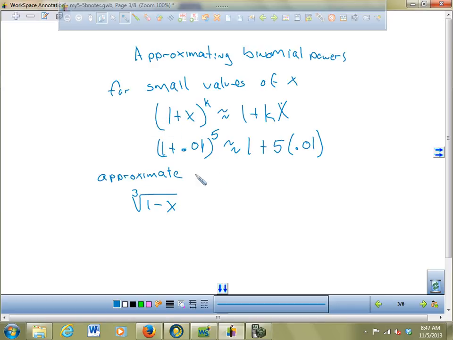And so approximate the value of that, and then use it to approximate, let's make one up, the cube root of, say, 0.97. Alright?